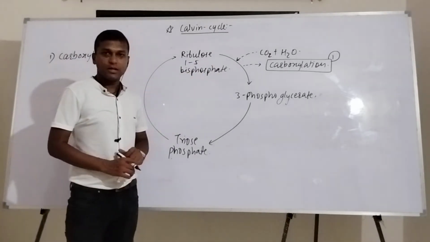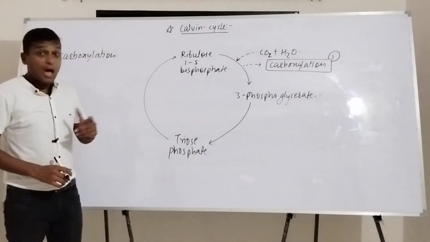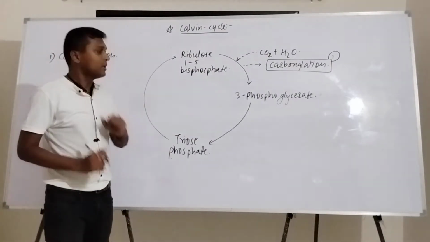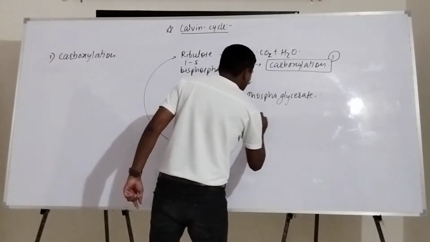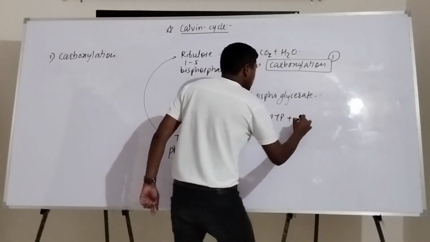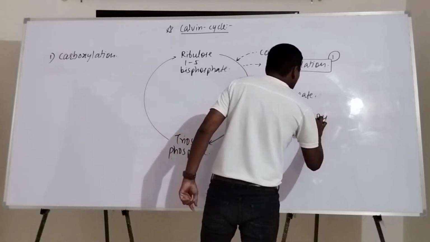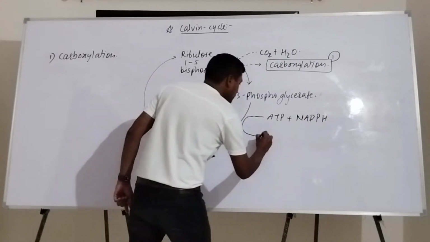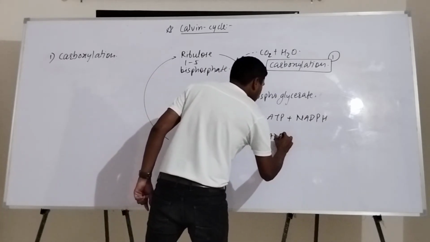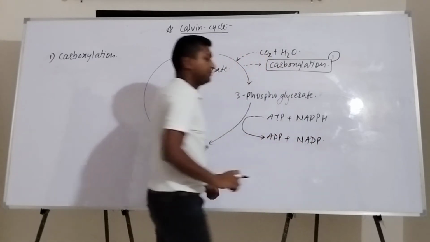Now this phosphoglycerate is later converted to triose phosphate. How is it converted? For that there is a utilization of energy: ATP plus NADPH is converted into ADP plus NADP.